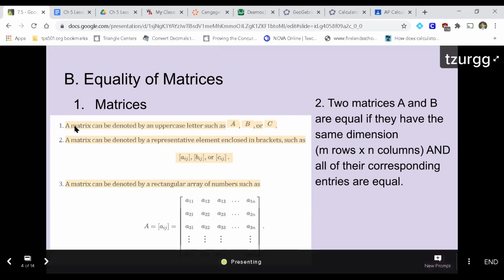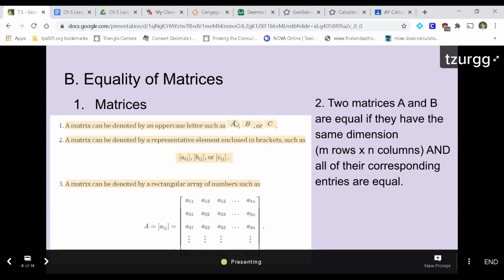All right. So what is a matrix? A matrix is denoted by an uppercase letter like A, B, or C. It is represented by a rectangular array of numbers, where each number in here is called an element and is denoted by a lowercase letter that matches whatever your matrix is.